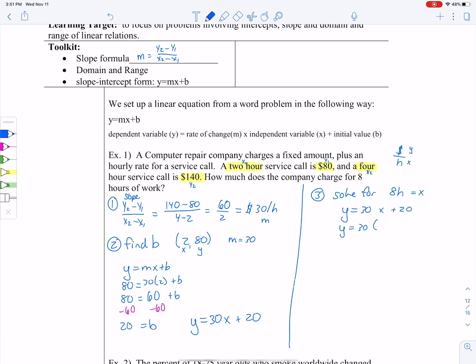So 30 for our x, we're going to put in 8, plus 20. We're going to multiply 30 and 8 together. We get 240 plus 20. So y is equal to 260. So they charge $260 for 8 hours of work.